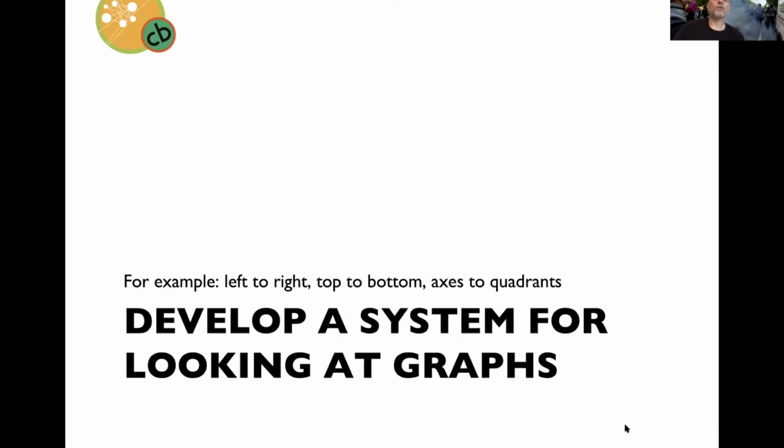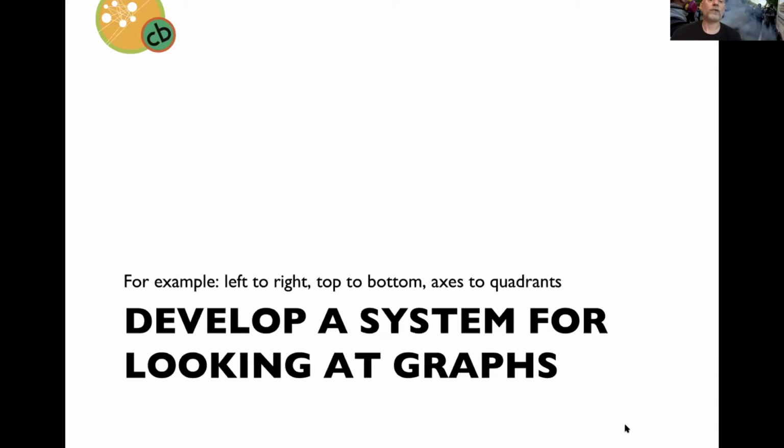So again, one of the things that's nice about reviewing a results section is that they're pretty standard. And so you can develop systems of your own, like the checklist that I showed you for going through a results section. For example, it's very useful to develop a system that you use anytime that you look at a graph.